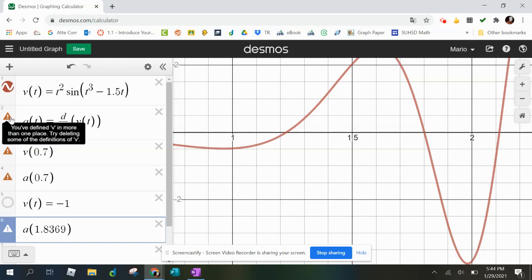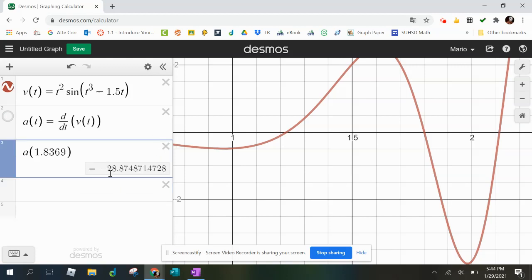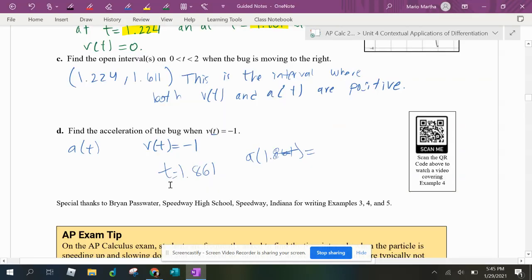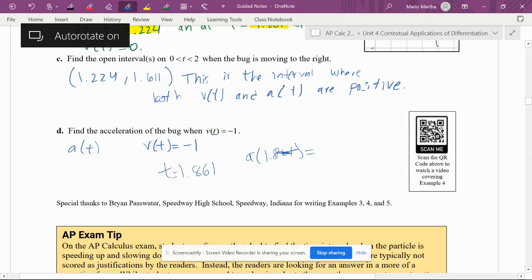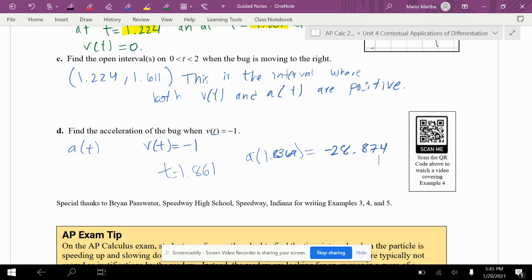So we have -28.87. And that's pretty much the acceleration for that.